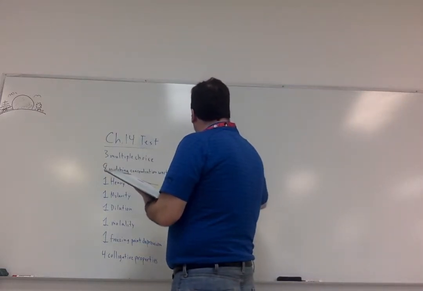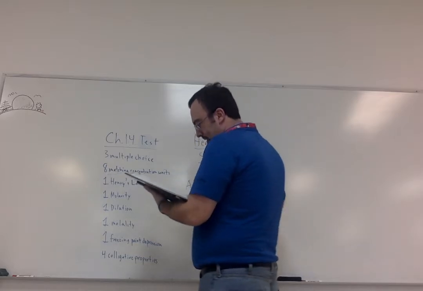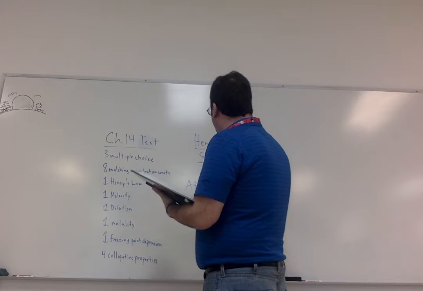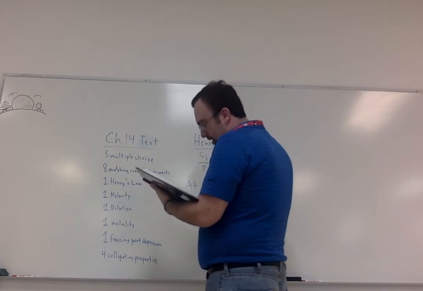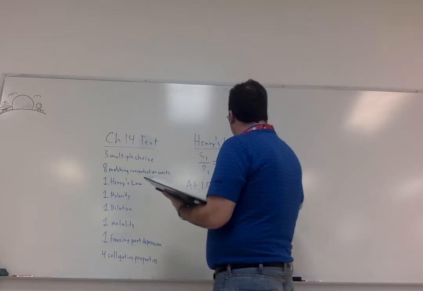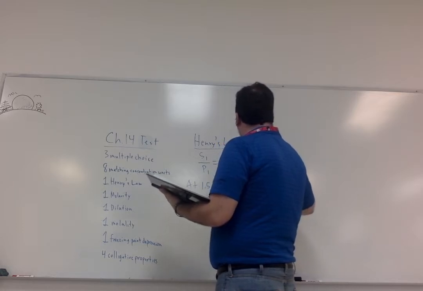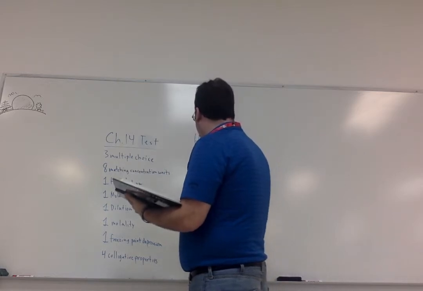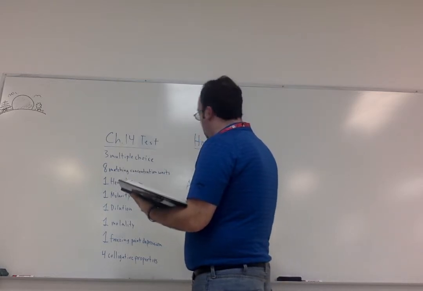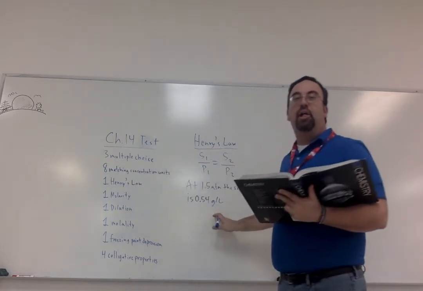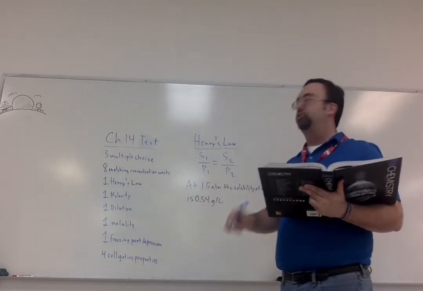At 1.5 atmosphere, I'm sorry, I said 4.5, my bad. At 1.5 atmosphere, the solubility of a gas is 0.54 grams per liter. So this would be an example of a mass to volume type concentration.